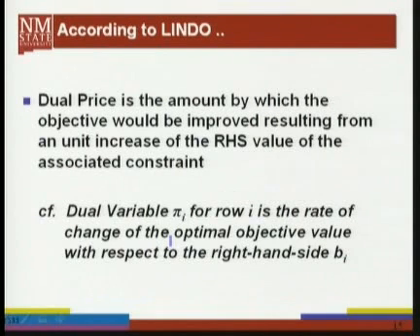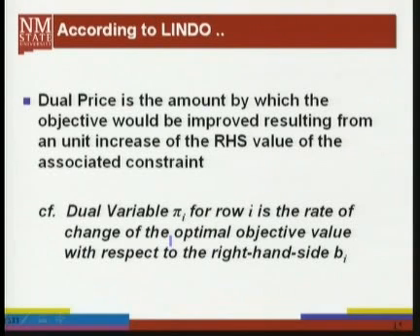And Lindo provides the value of the dual price instead of the dual variable for each constraint. According to Lindo, the dual price represents the amount by which the objective function value would be improved given a unit of increase in the right-hand side of the constraint. Of course, improve means an increase in a maximization problem and a decrease in a minimization problem. Is that right?